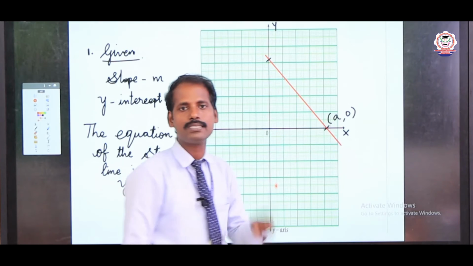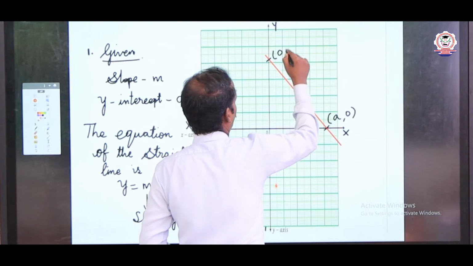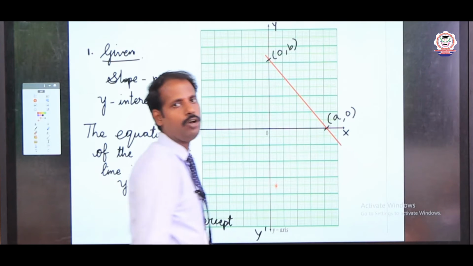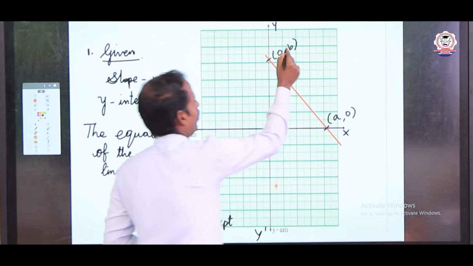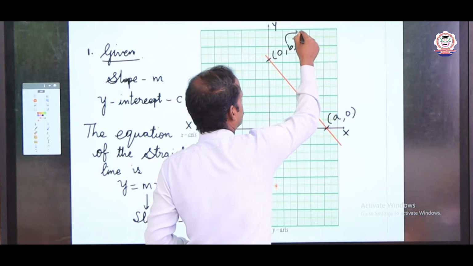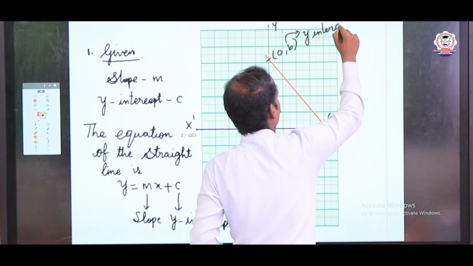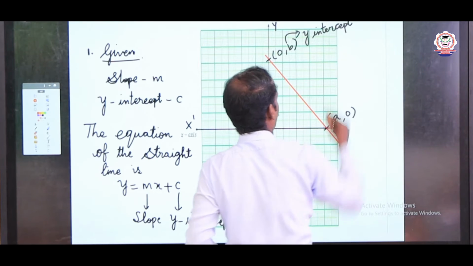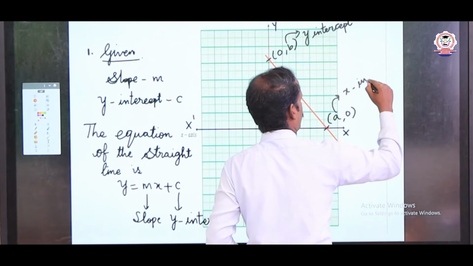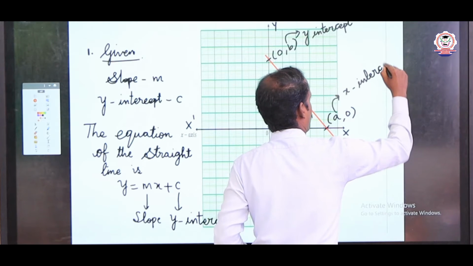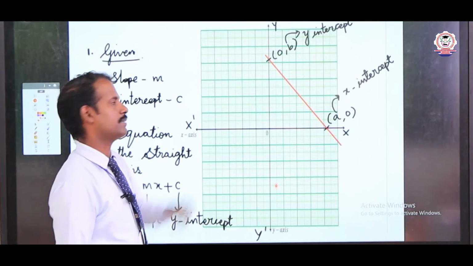The y-axis intersecting point is 0 comma b, where the x value is 0 and the y value is b. So a is the x-intercept and b is the y-intercept.